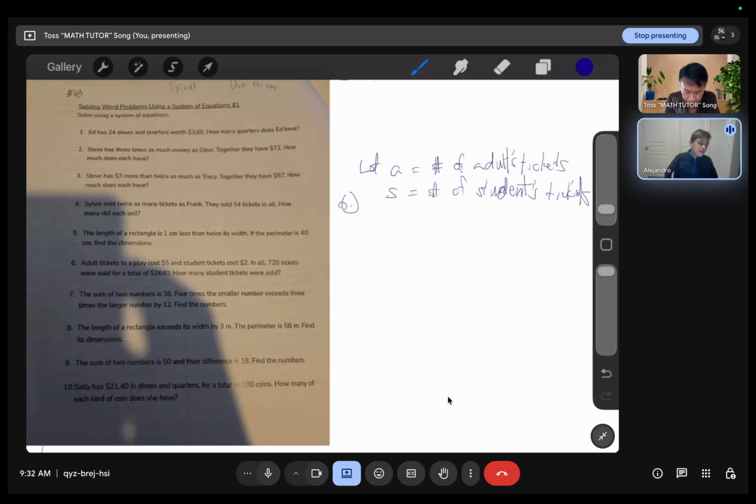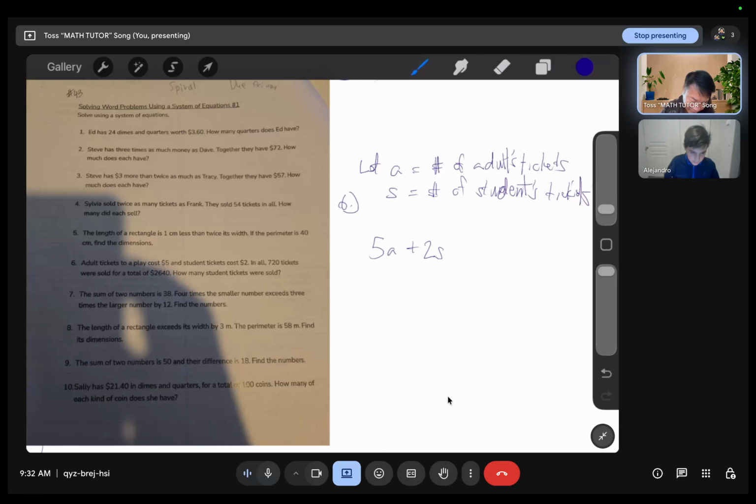Would it be 5A plus 2S? Look at that S, careful, it looks like a 5. Equals what? 2,640?